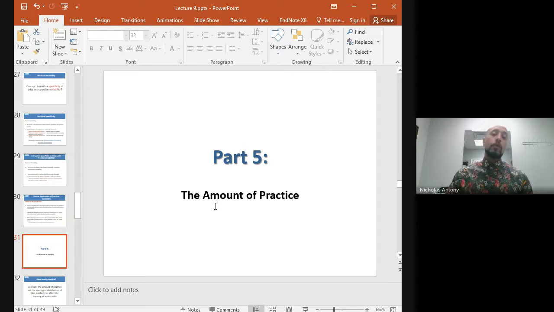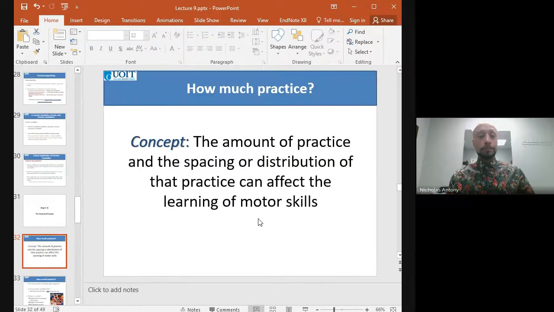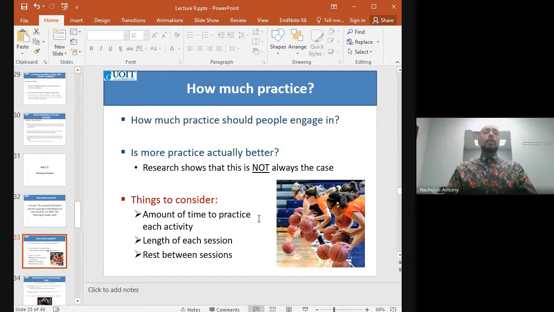Awesome. So now let's talk about the amount of practice that's required, okay? So it's not really in terms about how much practice is required. It's about how to distribute that practice. So how much practice should people engage in? Things to consider would include the amount of time to practice each activity, the length of each session, and the rest between sessions, okay?